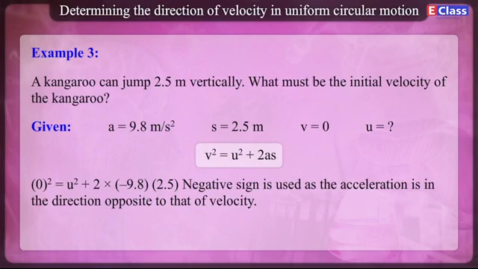Negative sign is used as the acceleration is in the direction opposite to that of velocity.